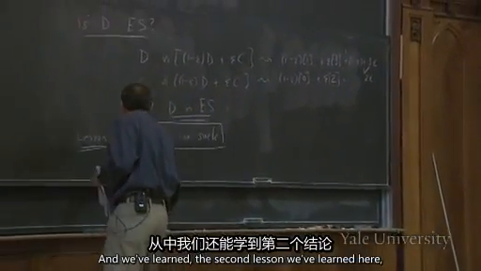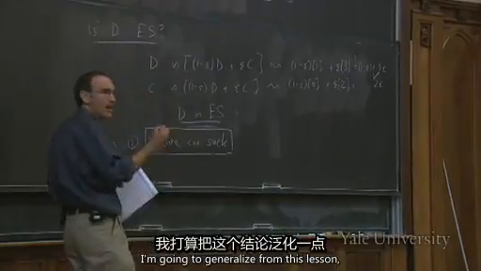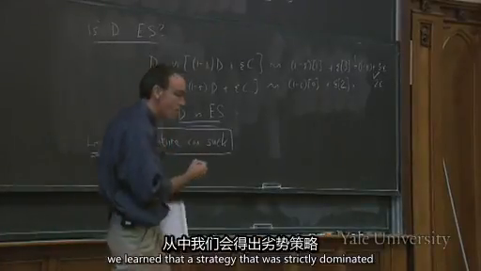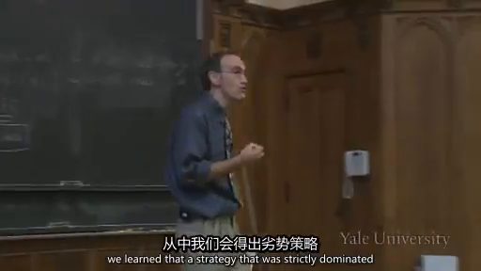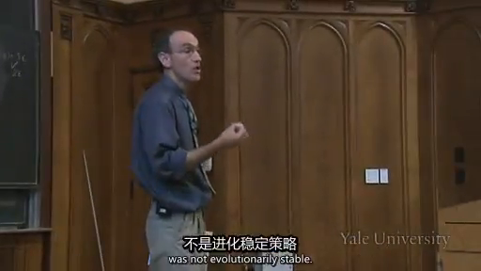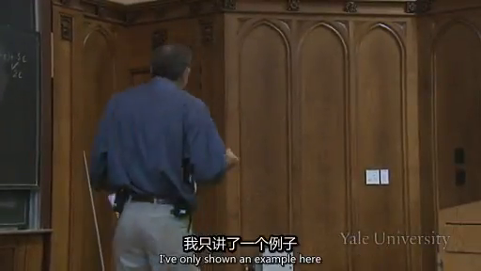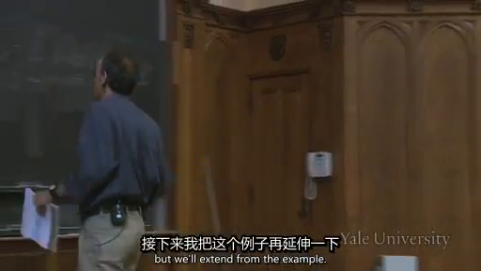And the second lesson we've learned here, I'm going to generalize from this. We learned that a strategy that was strictly dominated was not evolutionarily stable. I've only shown an example here, but we'll extend from the example.